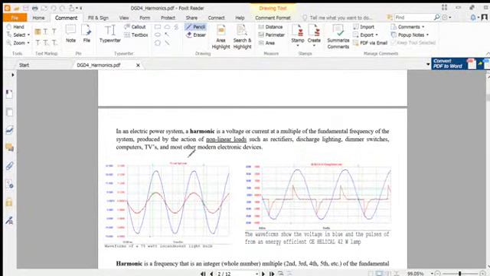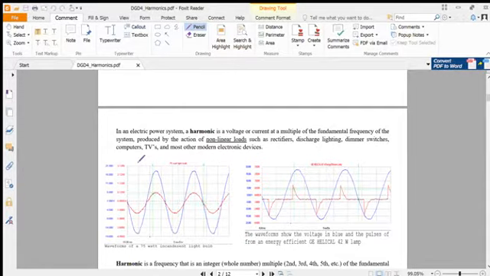In the electric power system, the harmonic could be in the form of voltage and current, as I said earlier, and harmonics are produced due to the action of nonlinear loads. Different types of nonlinear loads can be rectifiers, dimmer switches, photocopiers, printers, TVs. Actually all household electronic equipment are nonlinear loads.